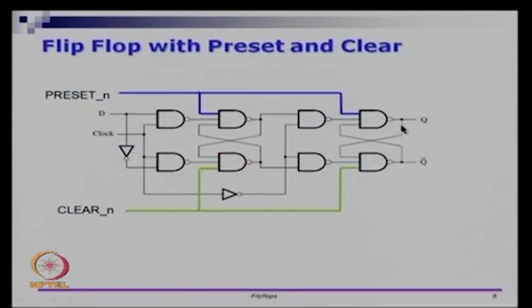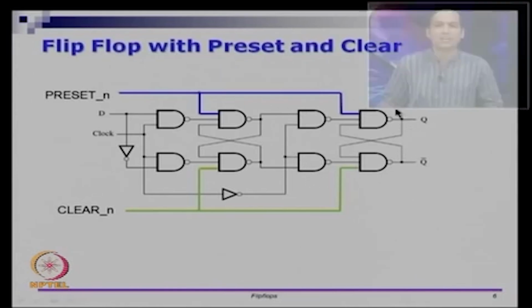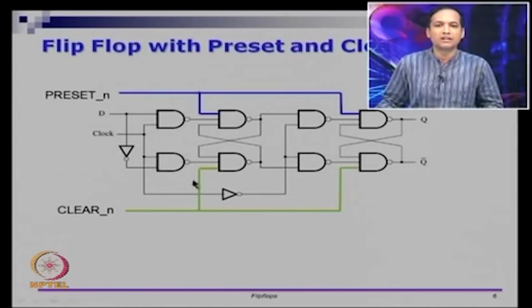If you notice, this part is the slave latch and this part is the master latch. Forget the blue lines and the green lines now. This is a cross coupled SR latch, and you put two gates before that and a common signal driving both, so that would mean it is a gated SR latch.